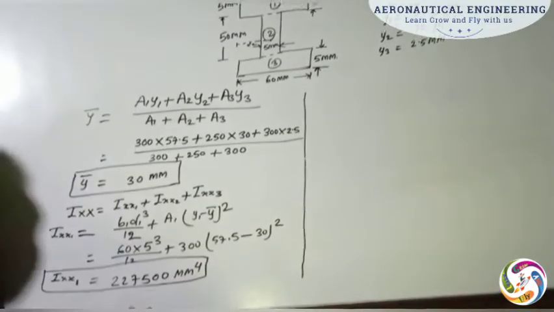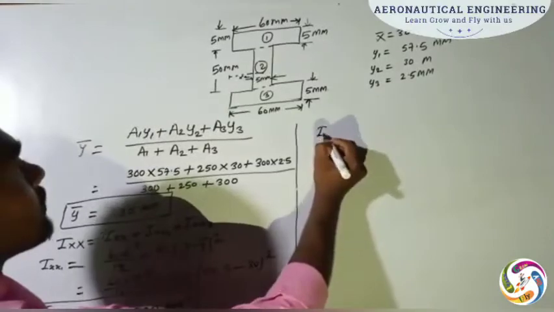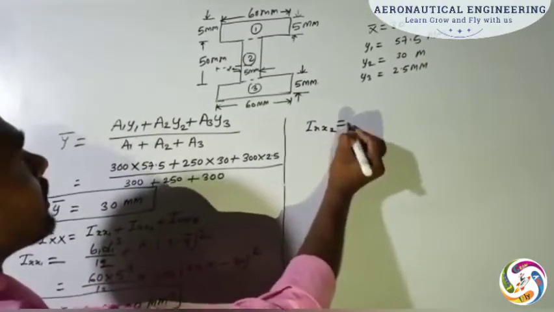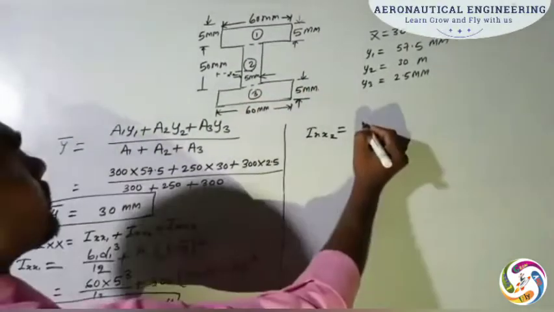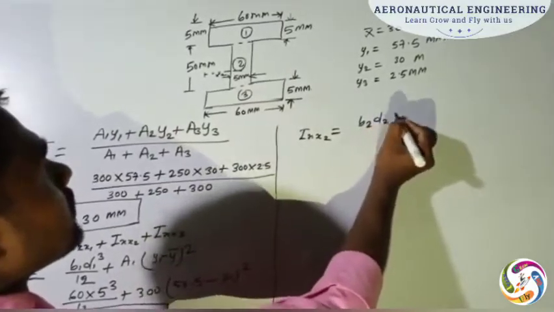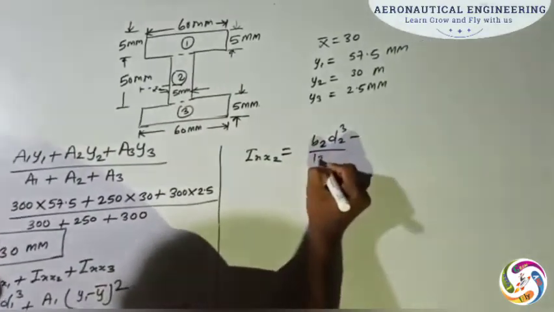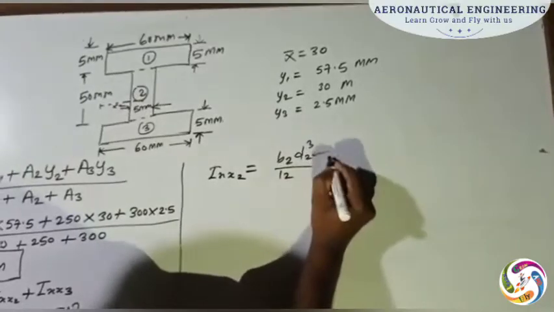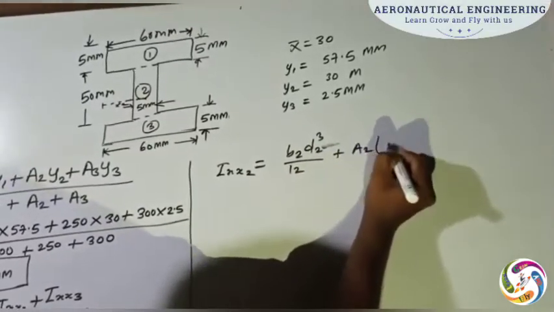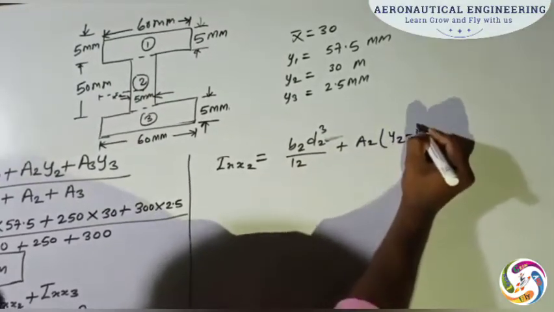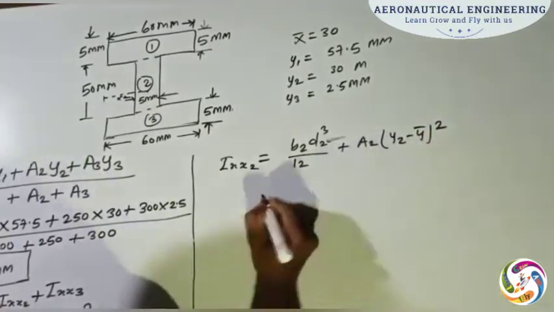In a similar way, we have to find Ixx2, the moment of inertia for the second section. So for the second section, b2 d2 cube upon 12 plus A2 (y2 minus y bar) all square.